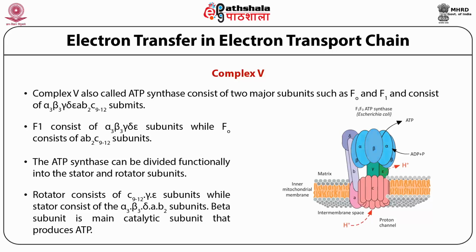The stator consists of A subunit, B subunit, delta subunit, and the alpha and beta subunits. It is the beta subunit of the stator that is the main catalytic subunit, and the other subunits of the stator are responsible for supporting the beta subunit, while the rotator subunits are responsible for moving protons from the intermembrane space back into the matrix.